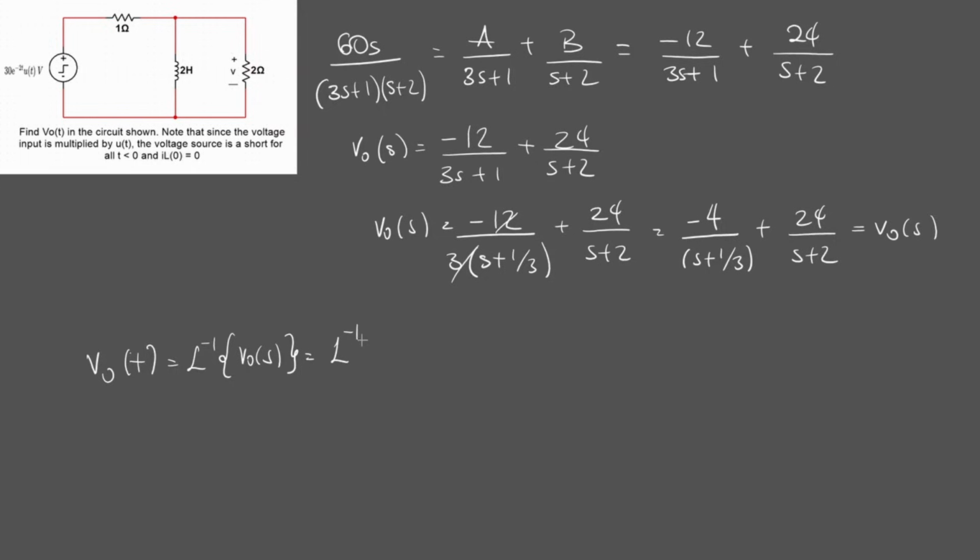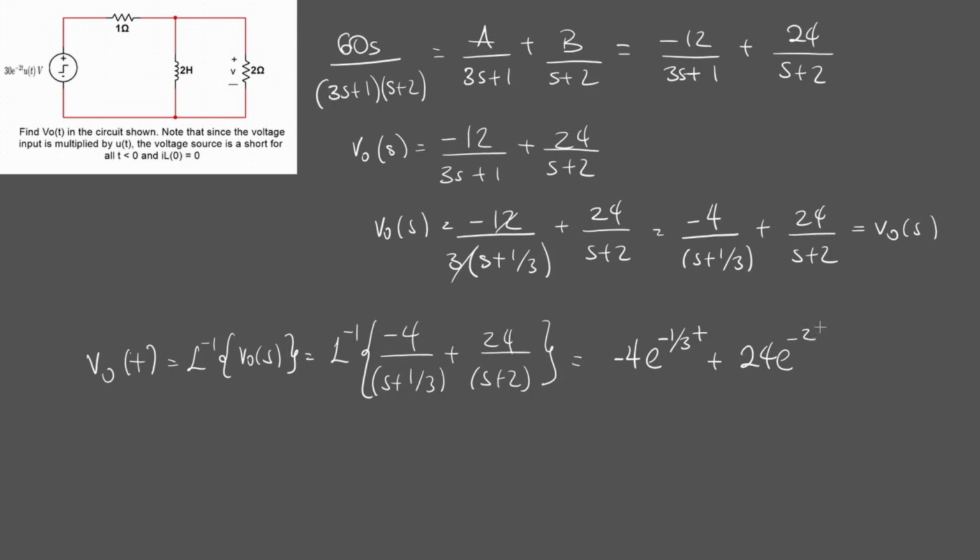So that's the inverse Laplace transform of minus 4 over (s plus 1 over 3) plus 24 over (s plus 2), which is very elegantly minus 4 e to the minus 1 over 3 t plus 24 e to the negative 2t volts. Amazing, elegant.